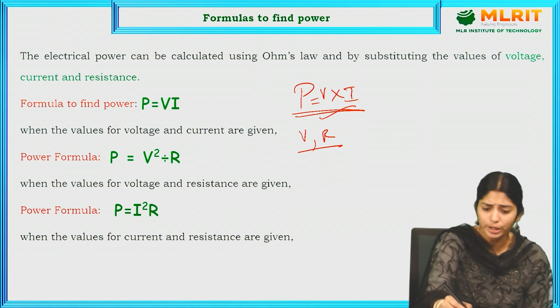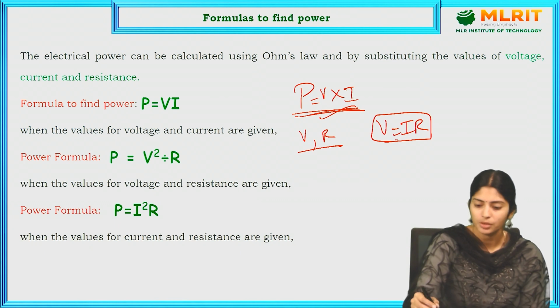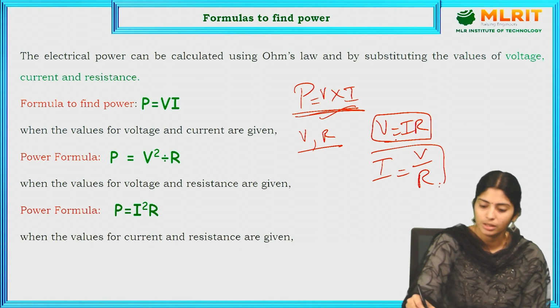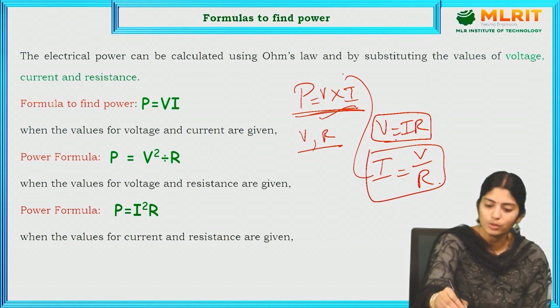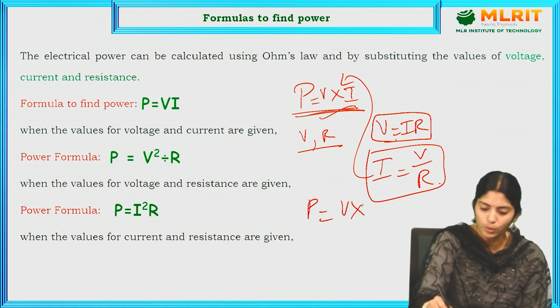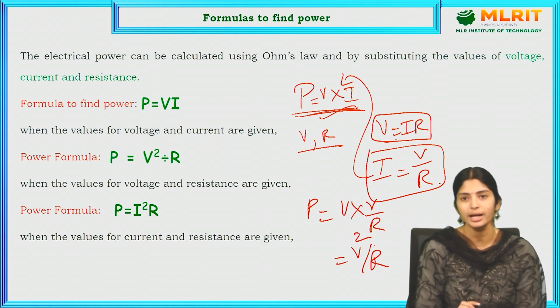According to Ohm's law, we know that V is equal to I into R, so I is equal to V by R. Substitute the current value in this formula. So P is equal to V into V by R. What we got is V square by R. So P is equal to V square by R.